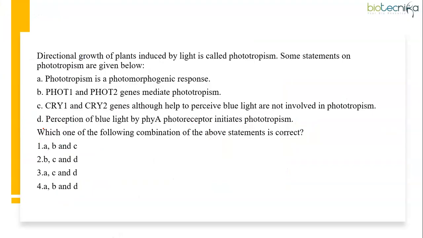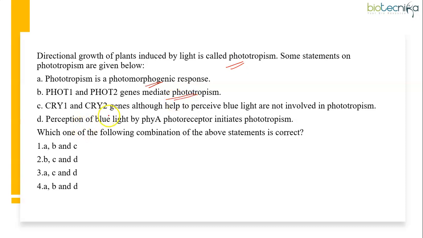Moving on to the second type of question. Directional growth of plants induced by light is called phototropism. Some statements are made on phototropism. Phototropism is a photomorphogenic response. PHOT1 and PHOT2 genes mediate phototropism.